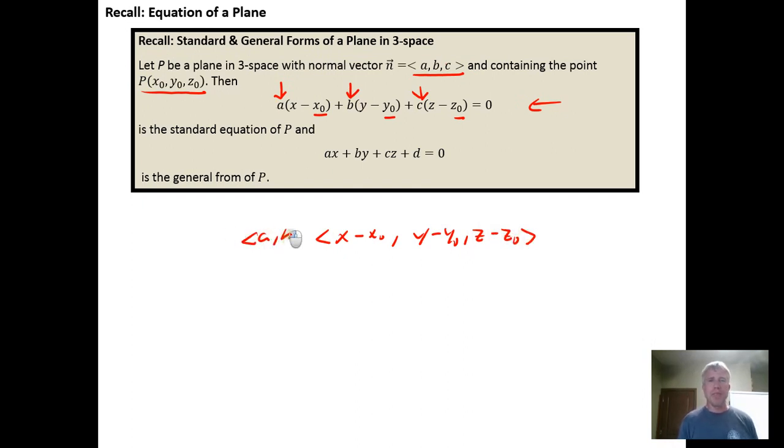And then we took ABC, which was a vector perpendicular to the plane, and we recognized that the dot product of perpendicular vectors had to equal 0. And so when we took this dot product, we wound up with the general equation of a plane.